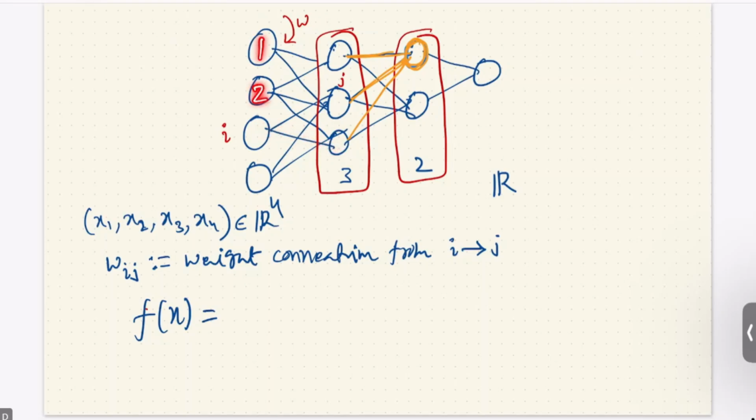Let's say this is 1 2 3 4, and this is 1 2 3, the edges. This is w33, this is w43, this is w42, and so on and so forth.